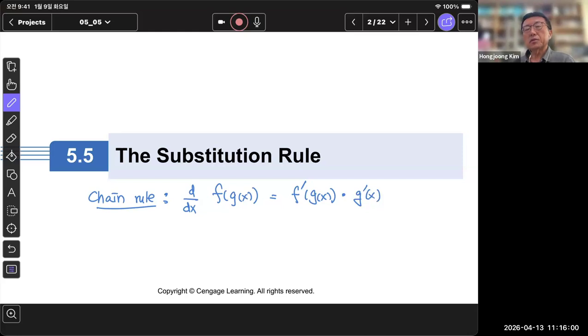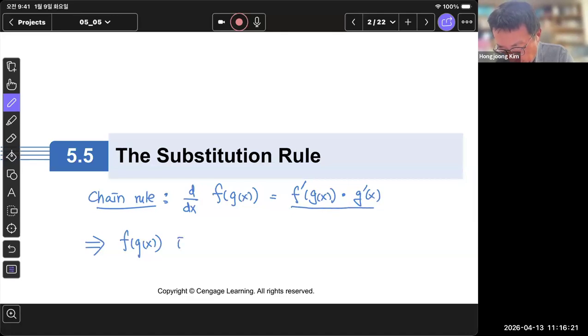Which means if I interpret this in terms of an antiderivative, F of g of x, if that is differentiated, then I get this.